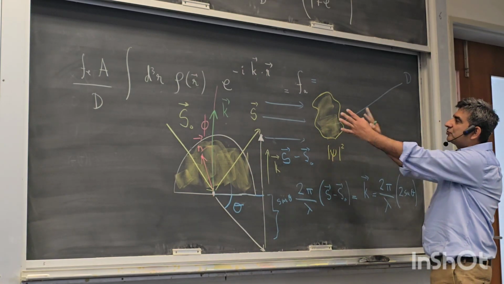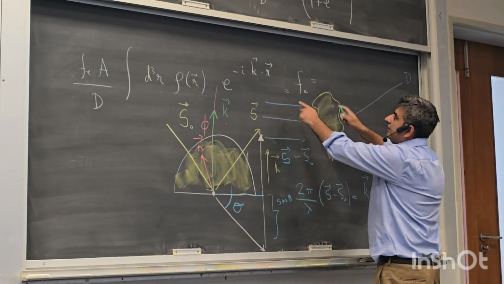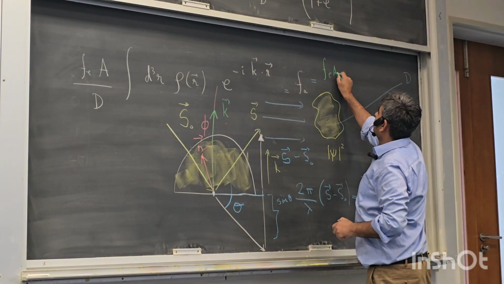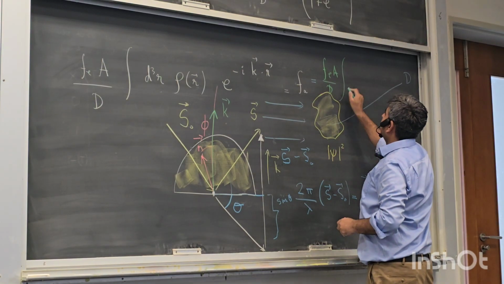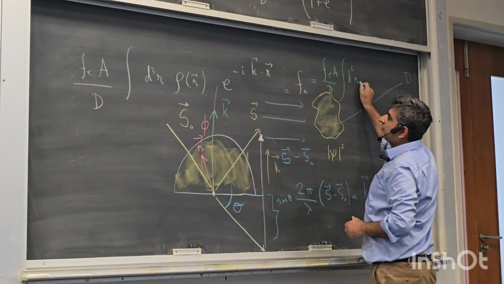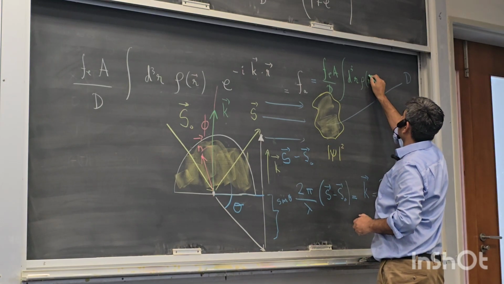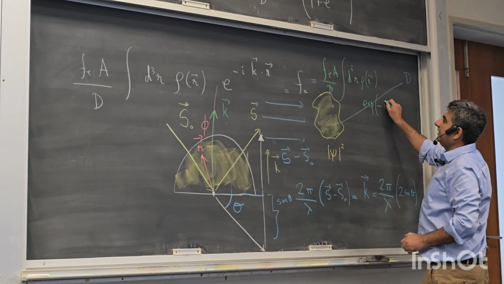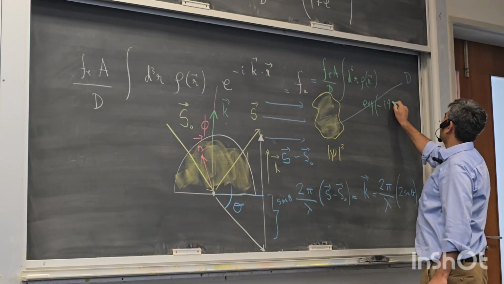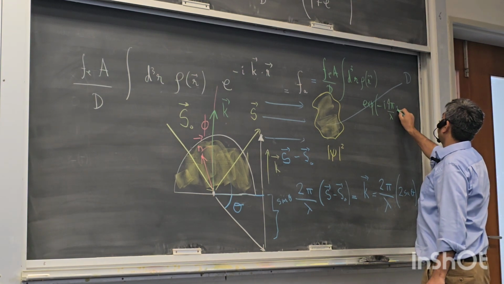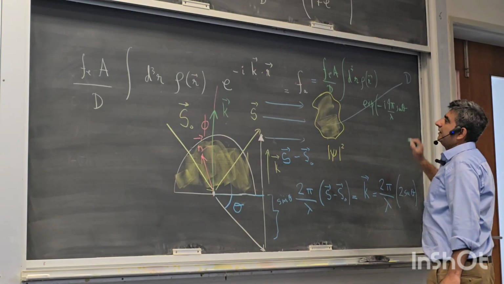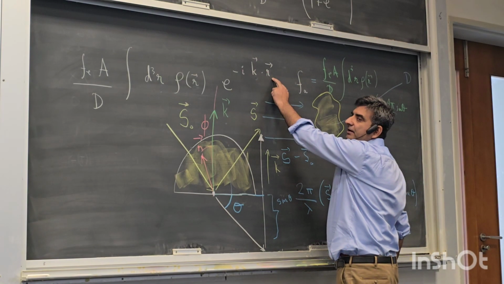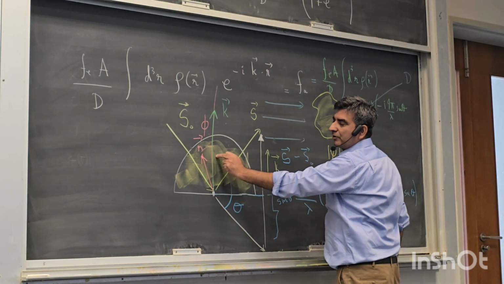So this helps me solve this integral. How? Fe over A divided by d, let's keep this as d cubed r for the time being, rho(r), exponent minus i, k is 4 pi over lambda sine theta, and the angle between k and r gives cos phi.